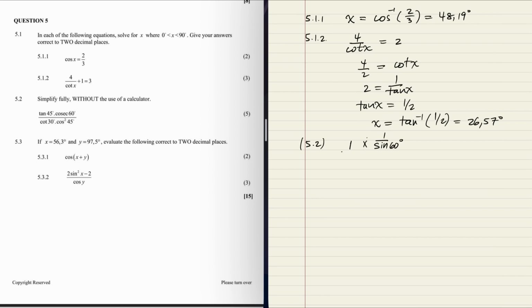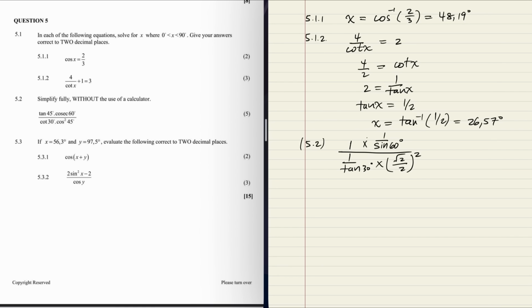And then that's divided by cot of 30, which again is the reciprocal of tan, so 1 over tan 30, and multiplied by cos squared 45. So cos 45 is square root 2 over 2, and that is squared.